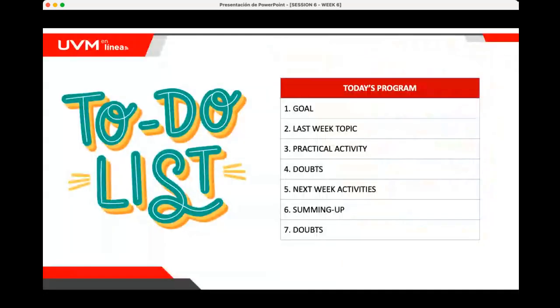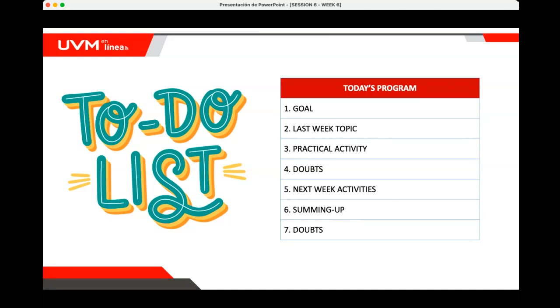Okay, today's program, as always: we're going to talk about the goal of the class. As you already know, the goal is not a specific goal, but to review the topics that you had reviewed in the last four units of the Cambridge platform. Then we're going to talk about last week's topics, the things that we saw last week.